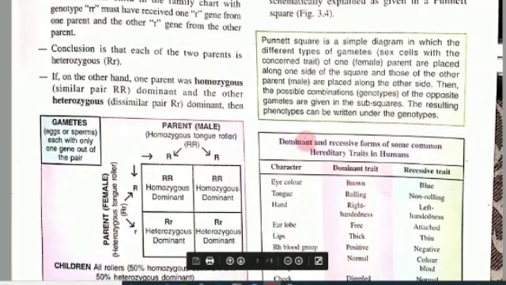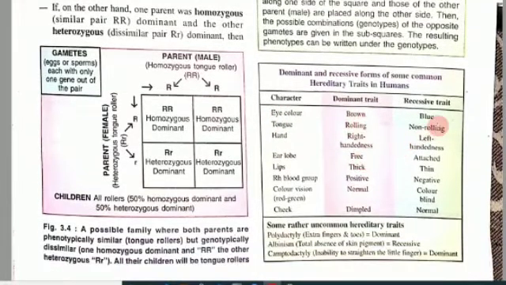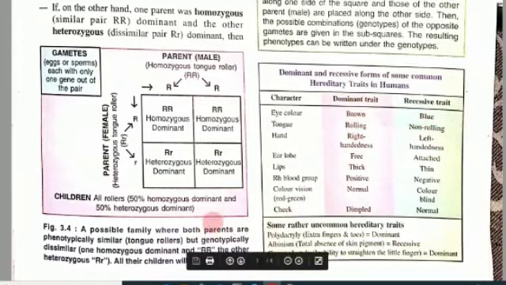Then go to dominant and recessive forms of some common hereditary traits. We already learned these features and characters in the previous chapter. Eye color: brown and blue. Brown is dominant, blue is recessive. Tongue roller, rolling and non-rolling: roller is dominant, non-roller is recessive.